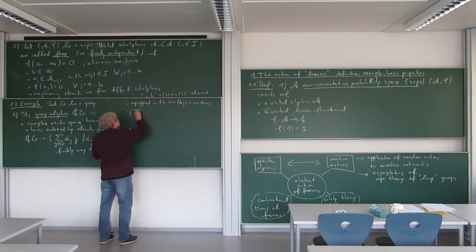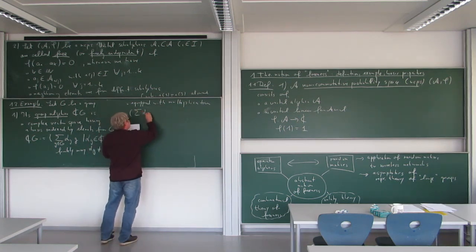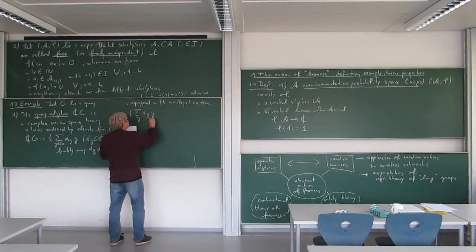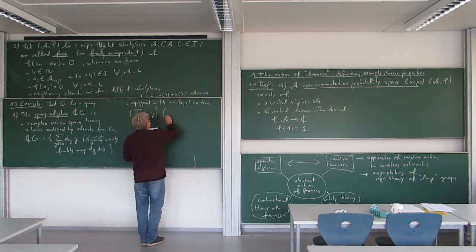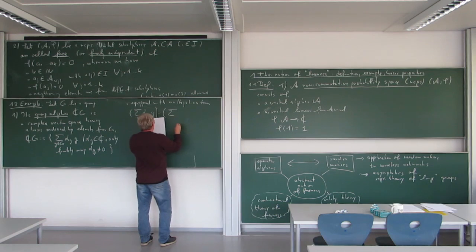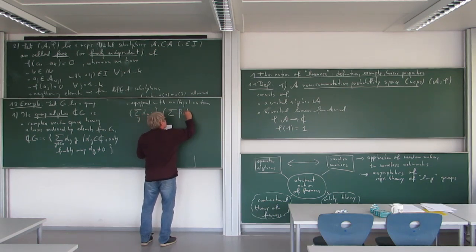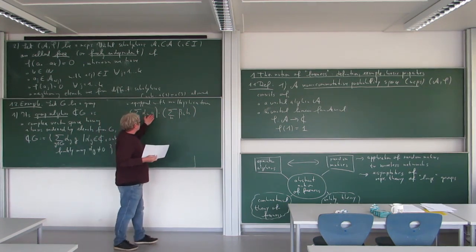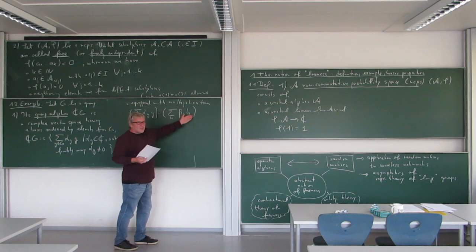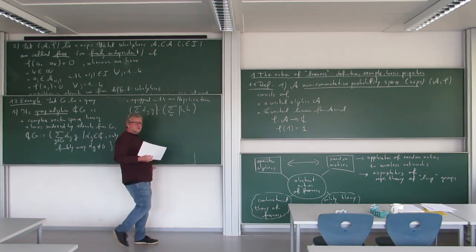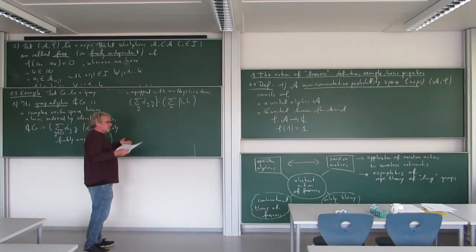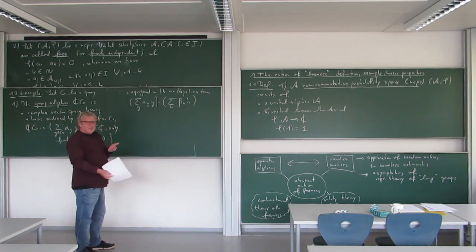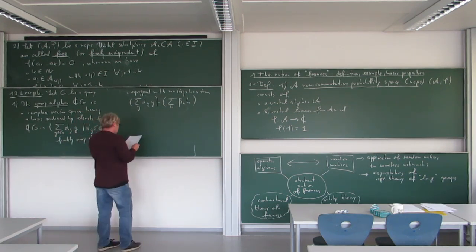Where if I take two such sums, the sum of alpha g times g, summing over g, a finite sum, and I multiply it with another sum of the same form, the sum of beta h times h, summing over h. I just multiply in a linear way, and then of course I just have to know how to multiply g with h, but they are in my group, so I just multiply them as I multiply in the group, and g times h gives another group element.